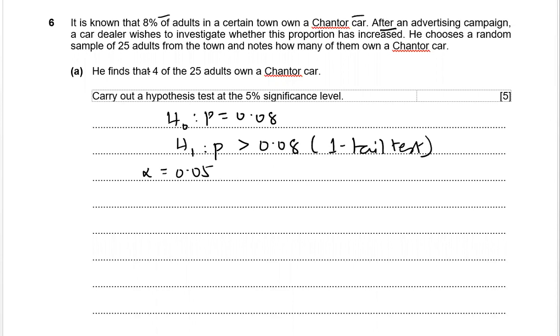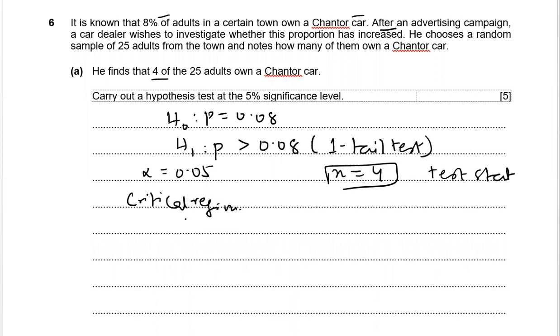He finds that 4 out of 25. Okay, now, so test statistic is X is equal to 4. This is the tricky part. Okay, so for the critical region, we would be using P of X is greater than or equal to 4. This is coming 0.1351.